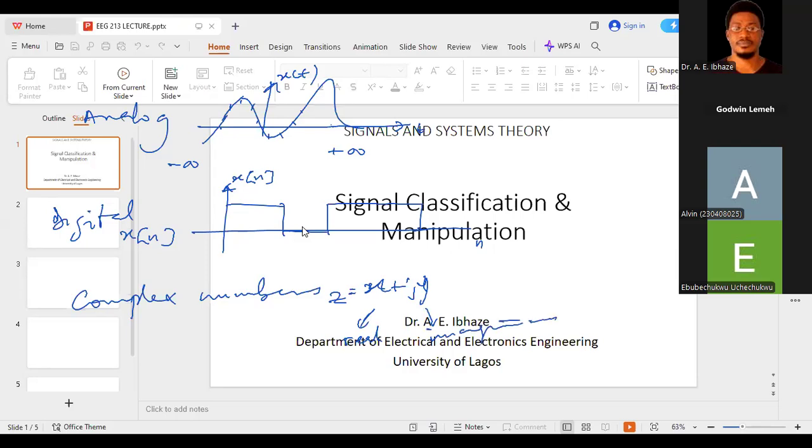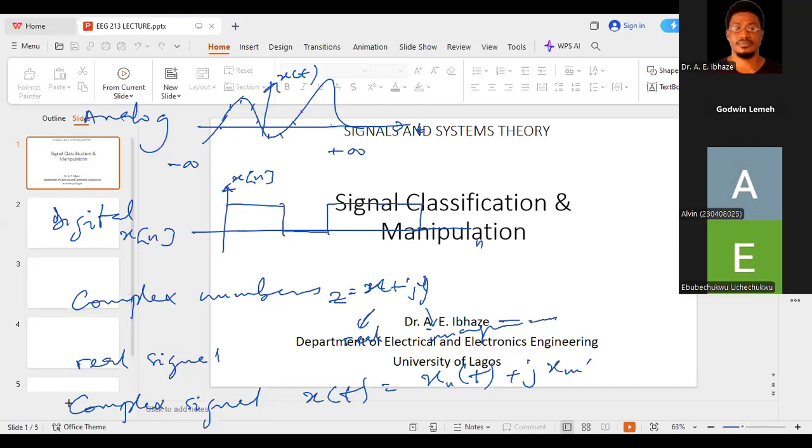So the same thing, we can equally have a real signal whose value is a real number. We can also have a complex signal, okay? The complex signal will definitely have a mixture of the real component and the imaginary component, where we know that j is the same as square root of -1.